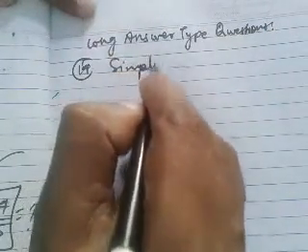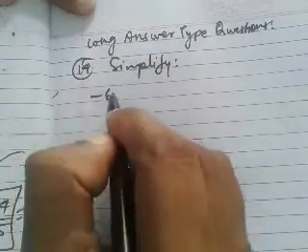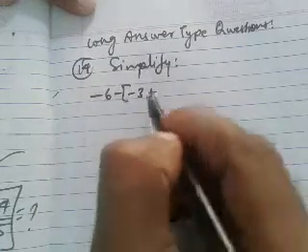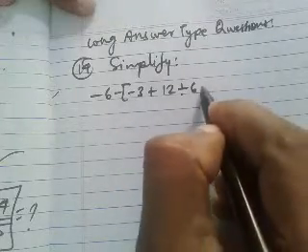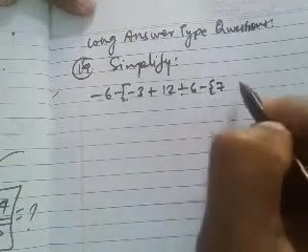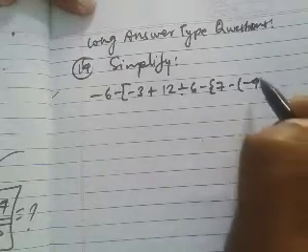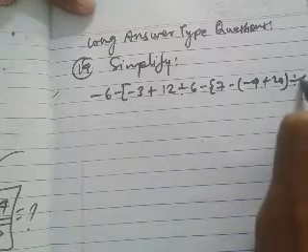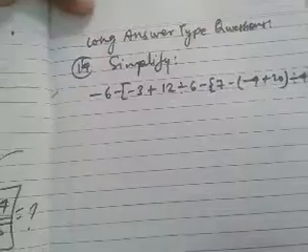Simplify minus 6 minus 3 plus 12 divided by 6 minus 7 minus 4 plus 20 divided by 4, in curly bracket, then big bracket.